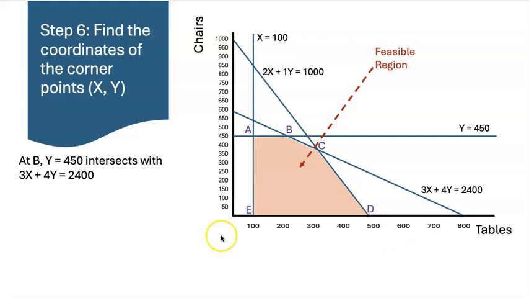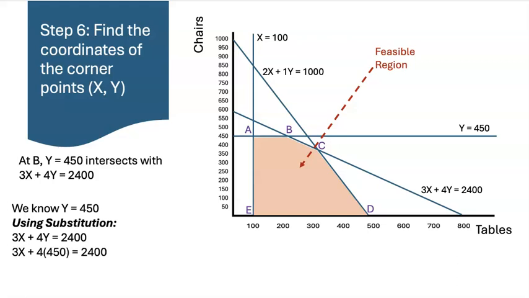So here goes. At B, y equals 450 intersects with 3x plus 4y equals 2400. So we know that y is equal to 450, so we're going to use substitution. In other words, we substitute y equals 450 into the equation 3x plus 4y equals 2400. 4 times 450 is 1800.